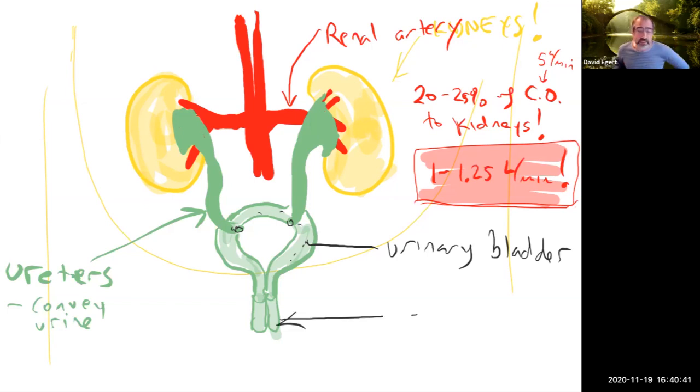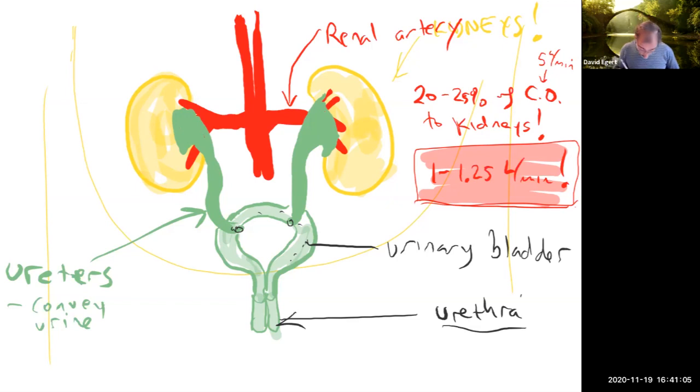The part that leaves the bladder to the outside world, basically to pee, is the urethra. So ureters go from the kidneys to the bladder. Urethra goes from the bladder to wherever you're peeing.